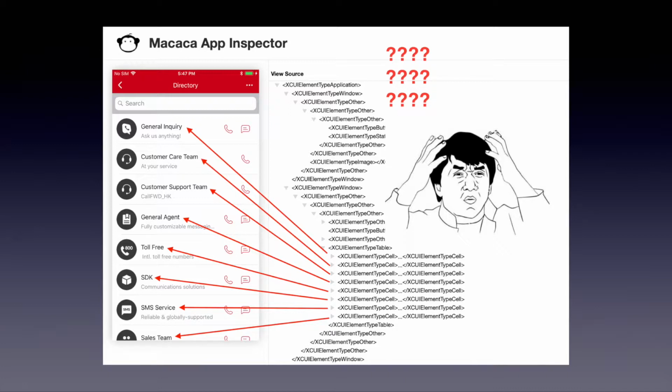Here is an example from our host app of Light Connect. As you can see, if we use the app inspector to see the elements, you will find that the element names in the app inspector are almost the same, so you will not know which one is which.